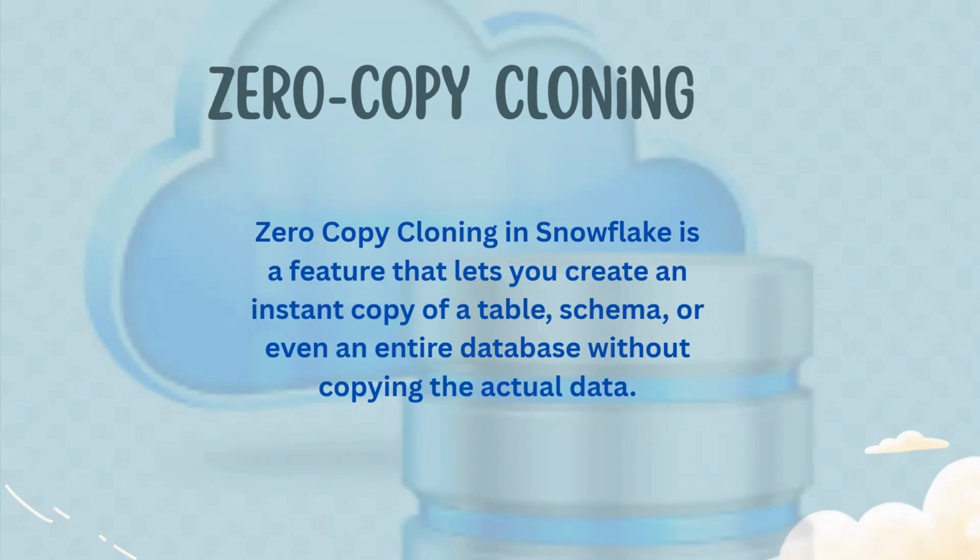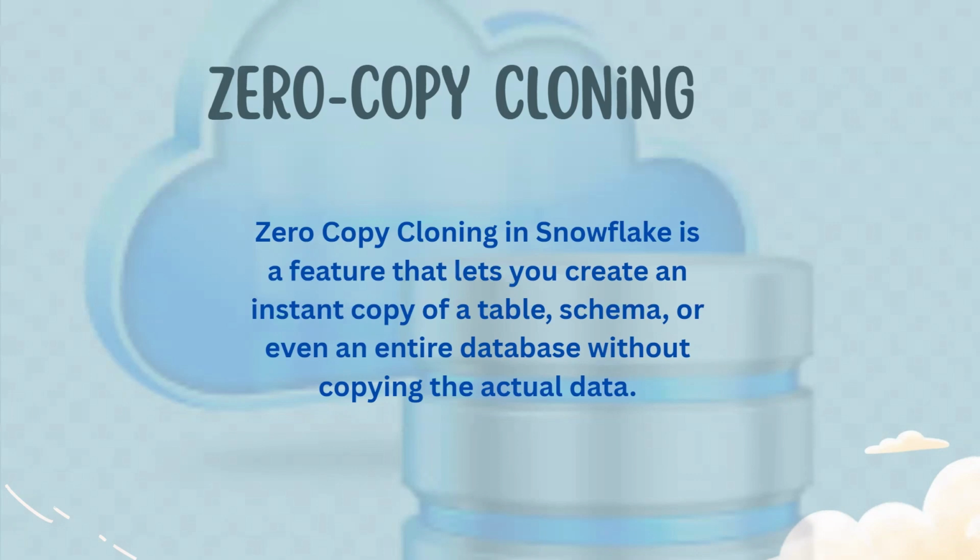You hand them a copy that looks and behaves like the real thing, but it does not take up extra space. In simple explanation, imagine you have a book. Instead of making a photocopy of every page, which takes time and space, Snowflake gives you a new reference copy of the book.